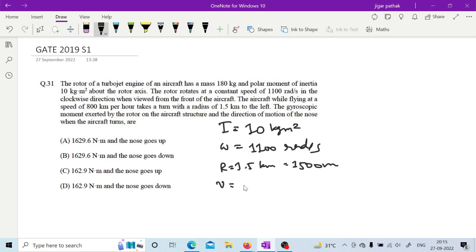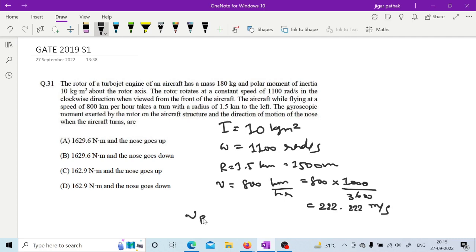V is given as 800 kilometers per hour. So you need to convert it into meter per second. So 800 into 1000 per 3600, that will give you this V. What is this? Can anyone tell? 222. Okay.